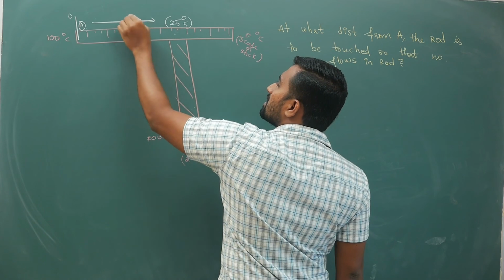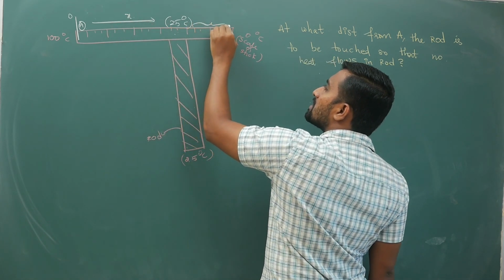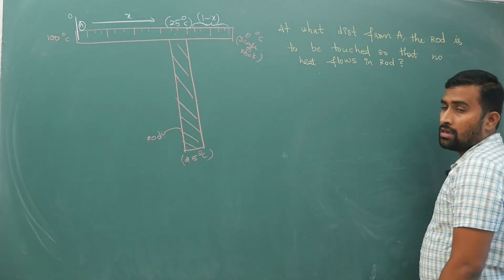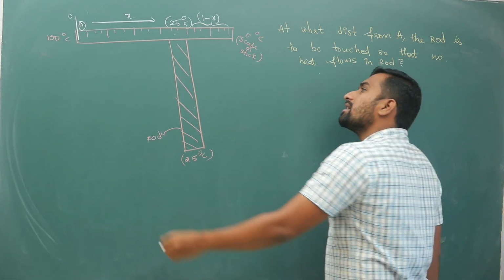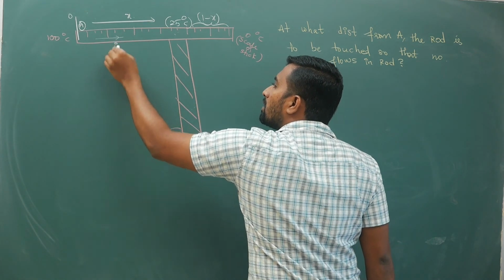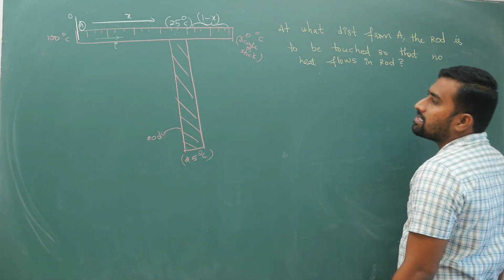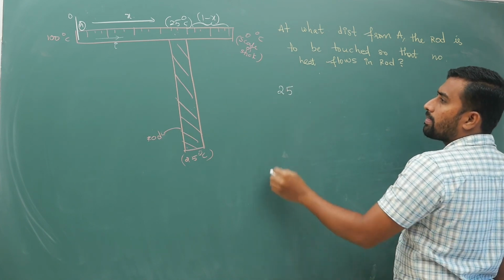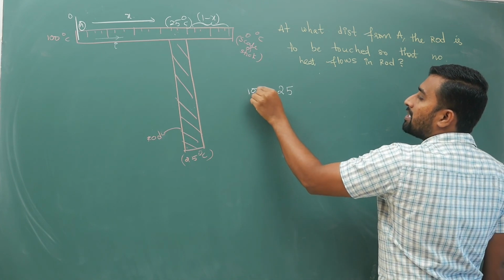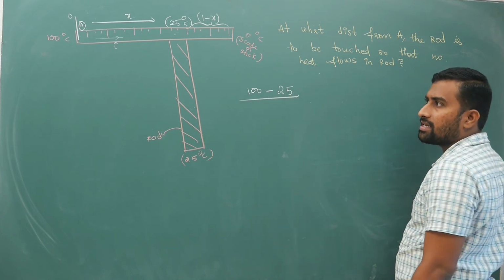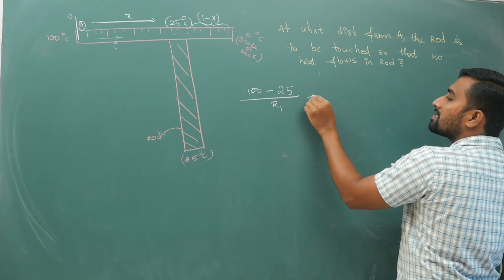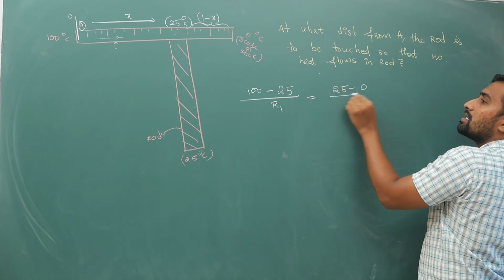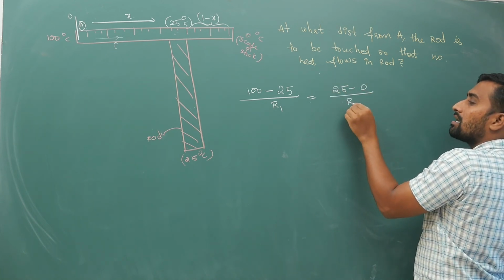Now if this distance is x, this distance is automatically going to become 1 minus x. Now when this entire current flows like this only in series, your current is the same.